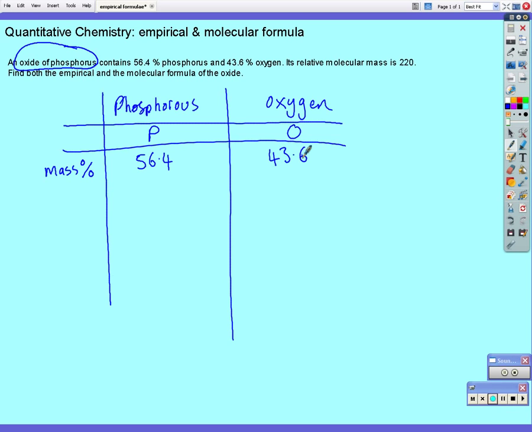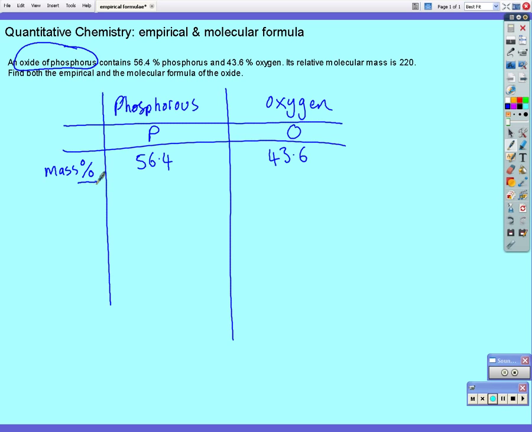Of course, if they just told you the percentage of phosphorus, you could work out the percentage of oxygen because you know they add up to 100. So we've got our masses as percentages. In other questions that might be grams.